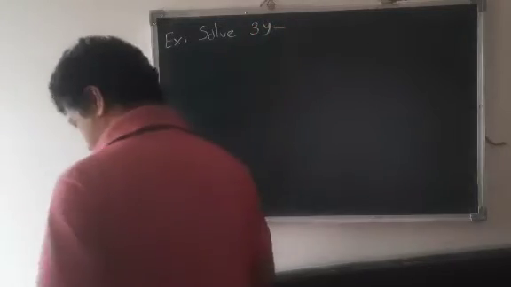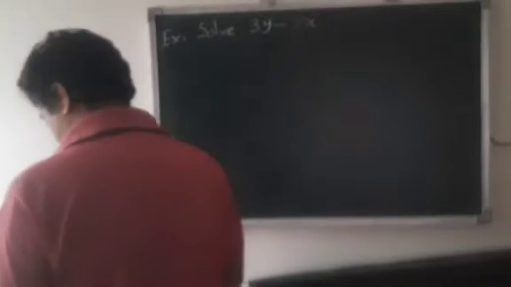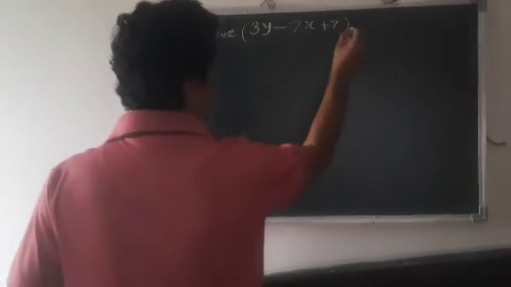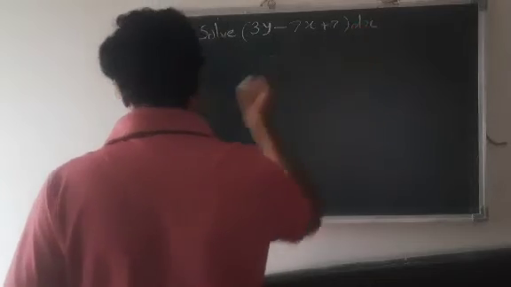3y minus 7x plus 7 dx plus 7y minus 3x plus 3 dy equal to 0.